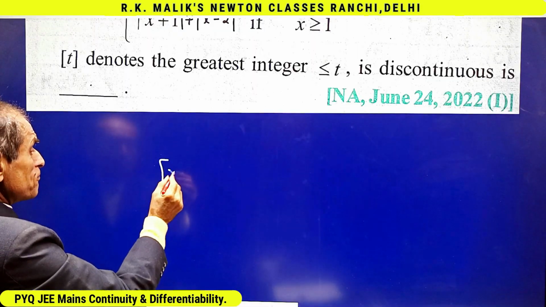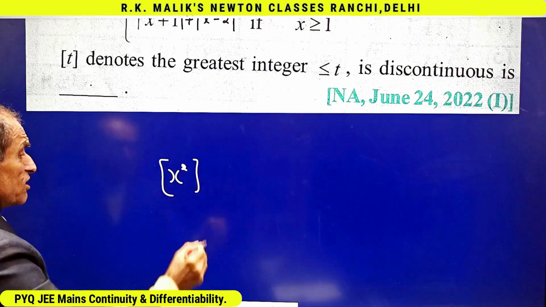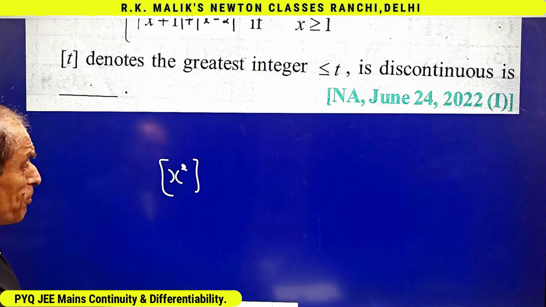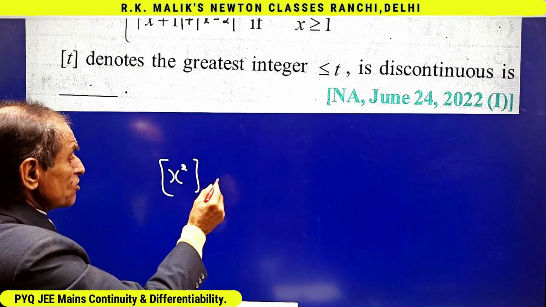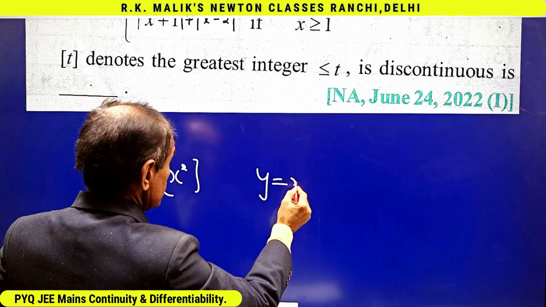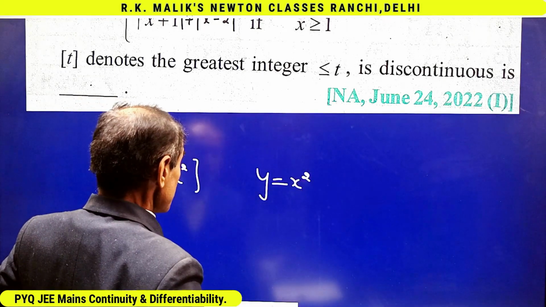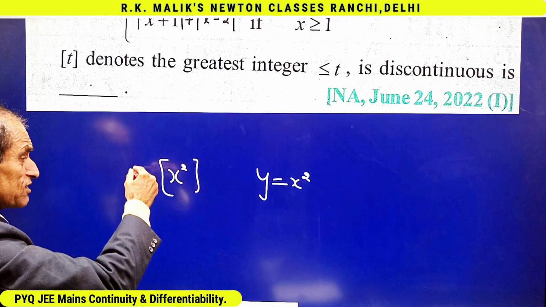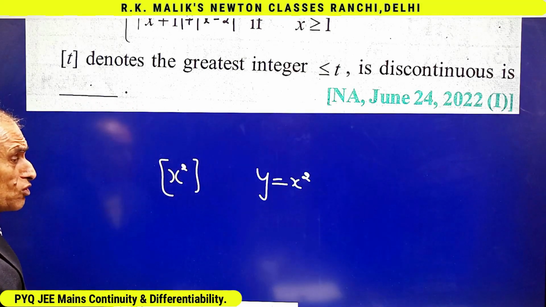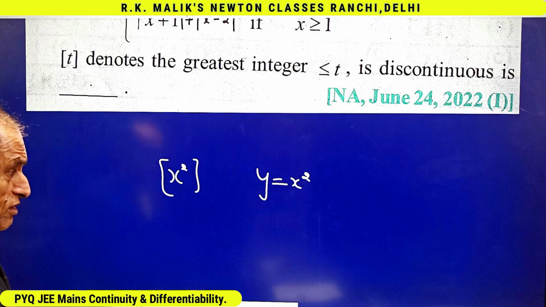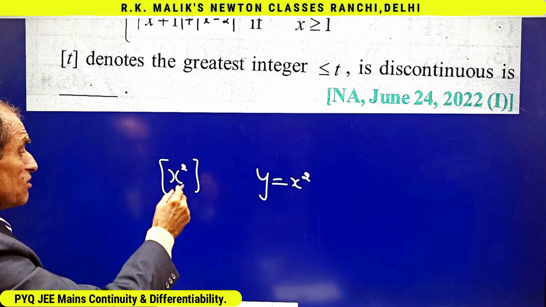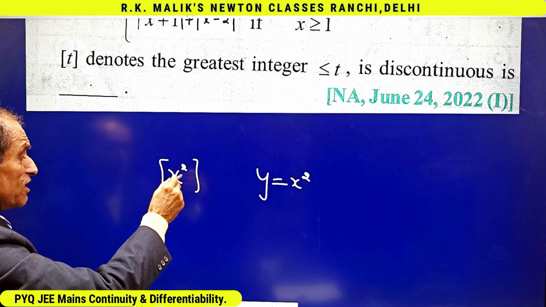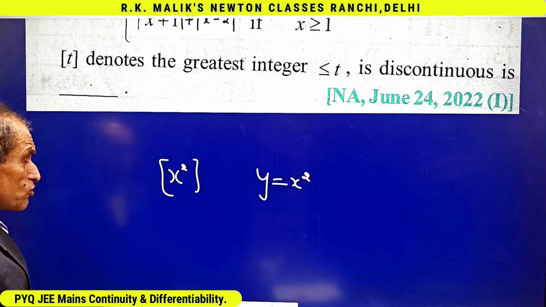Also note that [x square] is discontinuous at all the points wherever x square is an integer, but at x equal to 0, y equal to x square has a local minima, hence at x equal to 0 it is a continuous function. You have to take care of it. At all other values, wherever x square is an integer, this will be a discontinuous function.